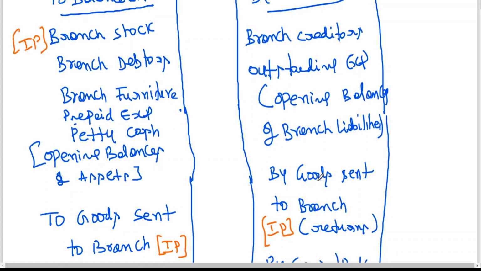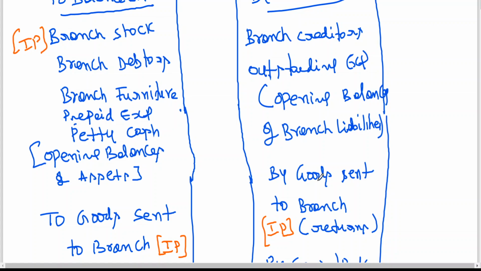Nowadays you don't have such a problem because of online transfer, but from the entries point of view, it is called cash in transit. Cash in transit account debit to branch account.